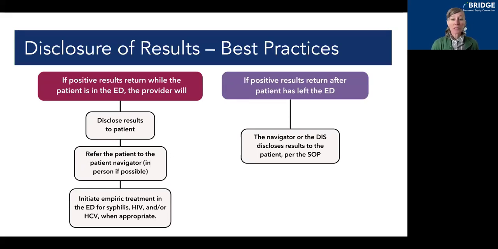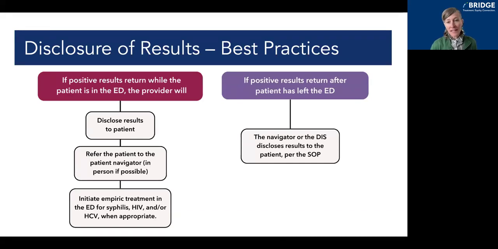In this case, it will likely be the patient navigator or in the model mentioned previously, perhaps a local health department DIS worker who is going to start contacting the patient to disclose results, begin education, and linkage to care. Some EDs may already have a workflow, for example, for nurses to disclose diagnoses while in the ED. Those sites might use their existing processes or refer the patient to the patient navigator.